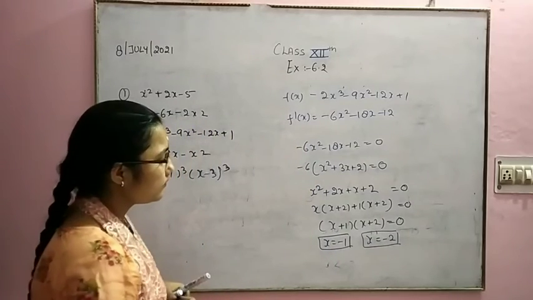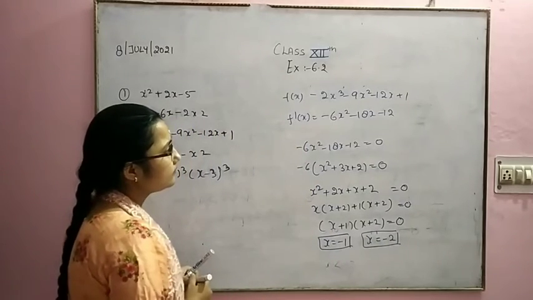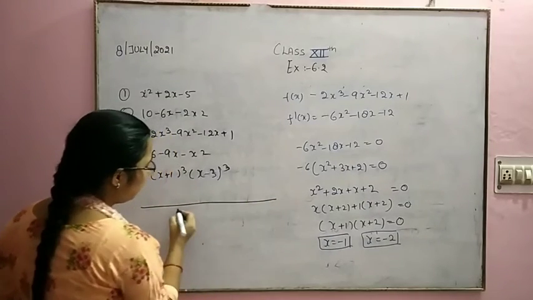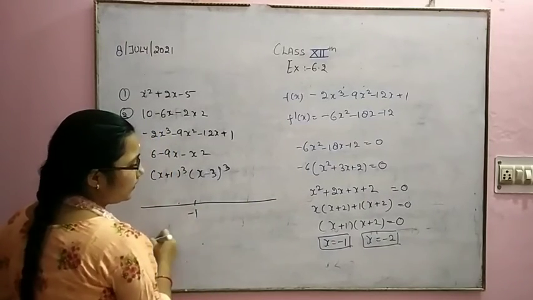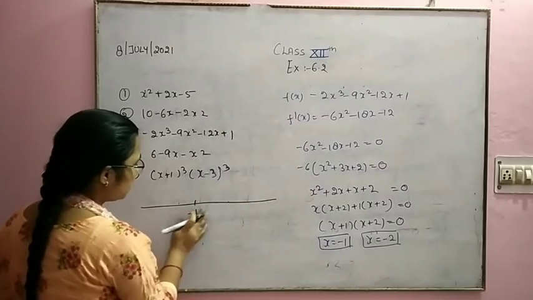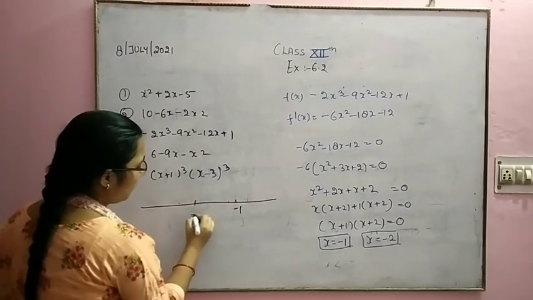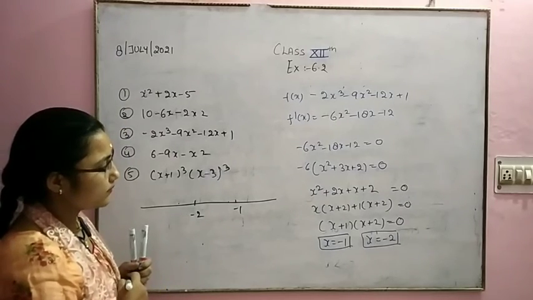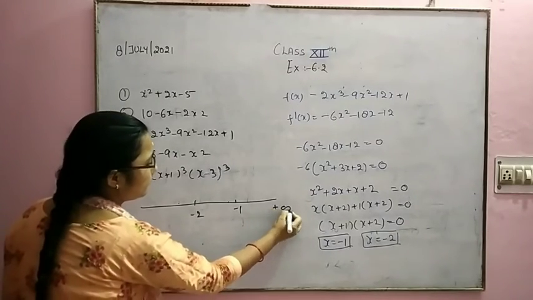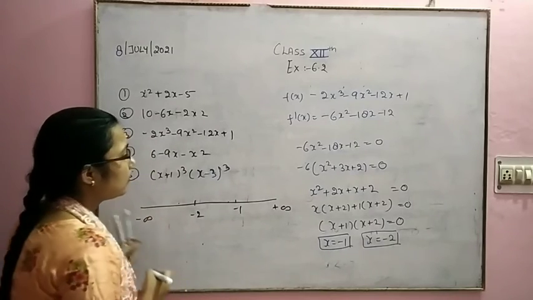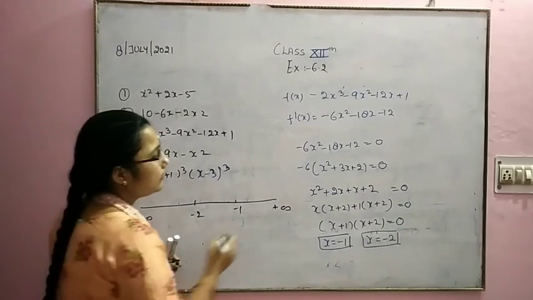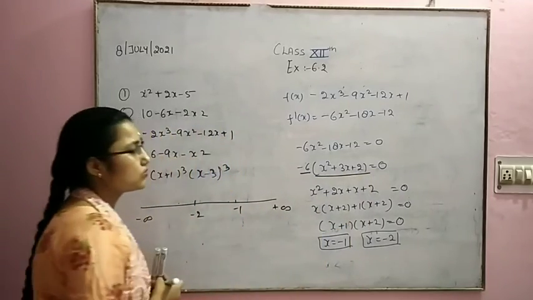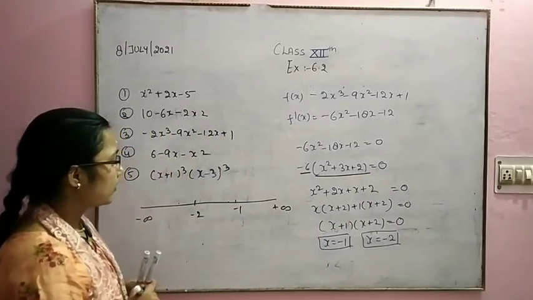Correct? Now draw a number line. Suppose this is a number line. Here this is the point minus 1 and this point is located at minus 2. Let's check one by one. Since there is a negative sign, the sign of f dash x depends on x square plus 3x plus 2.